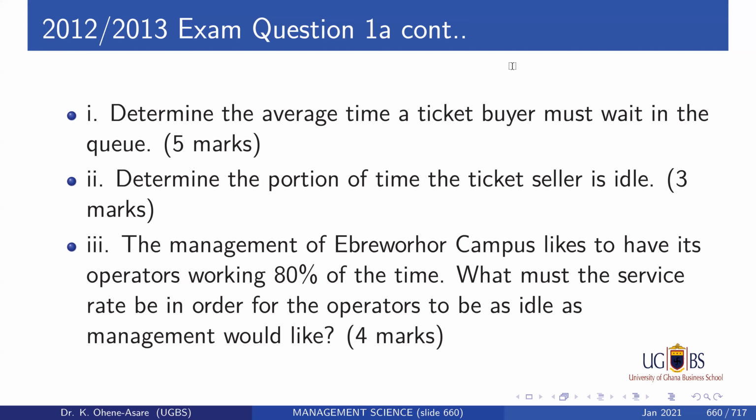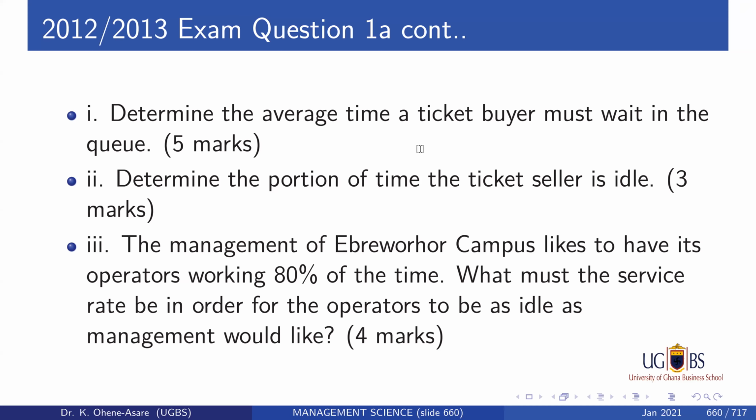Determine the average time a ticket buyer must wait. What is this question really asking you? This question is asking you really to calculate what? What are you technically speaking calculating? Yeah, you can either raise your hand or type me your answer. What are you technically speaking calculating here?